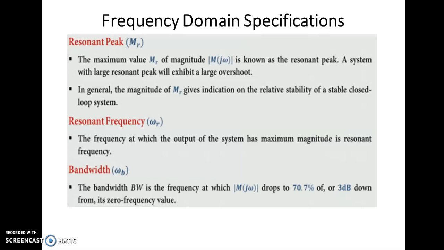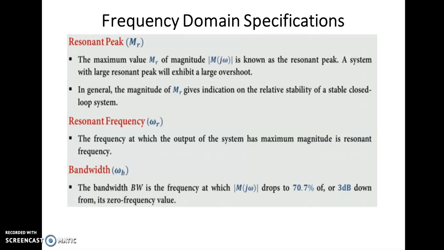Because there is a relation between the time and frequency domains, we compare these two. A system with a large resonant peak will exhibit a large overshoot. Here, overshoot is a time domain specification. In general, the magnitude of the resonant peak gives an indication of the relative stability of a stable closed loop system.